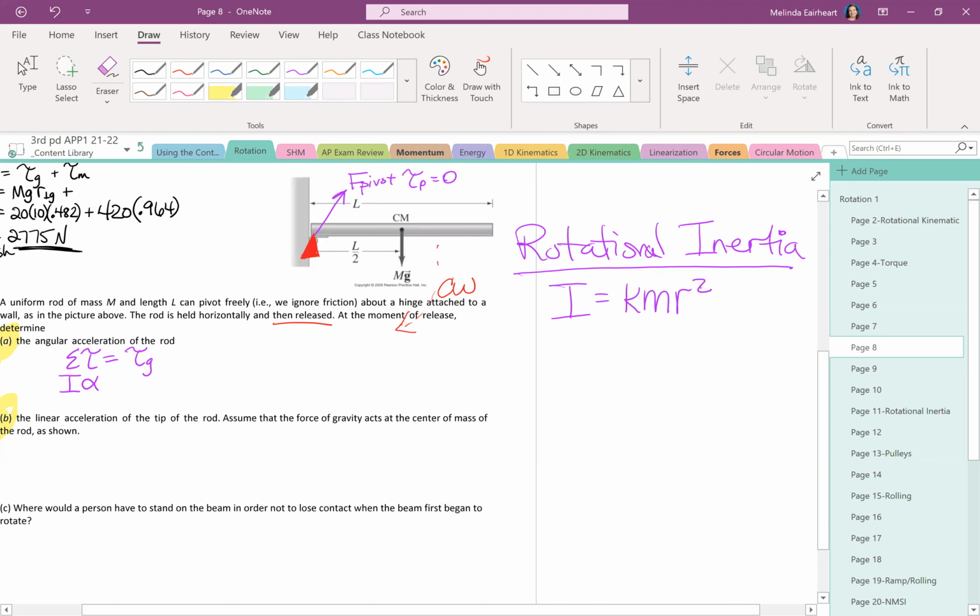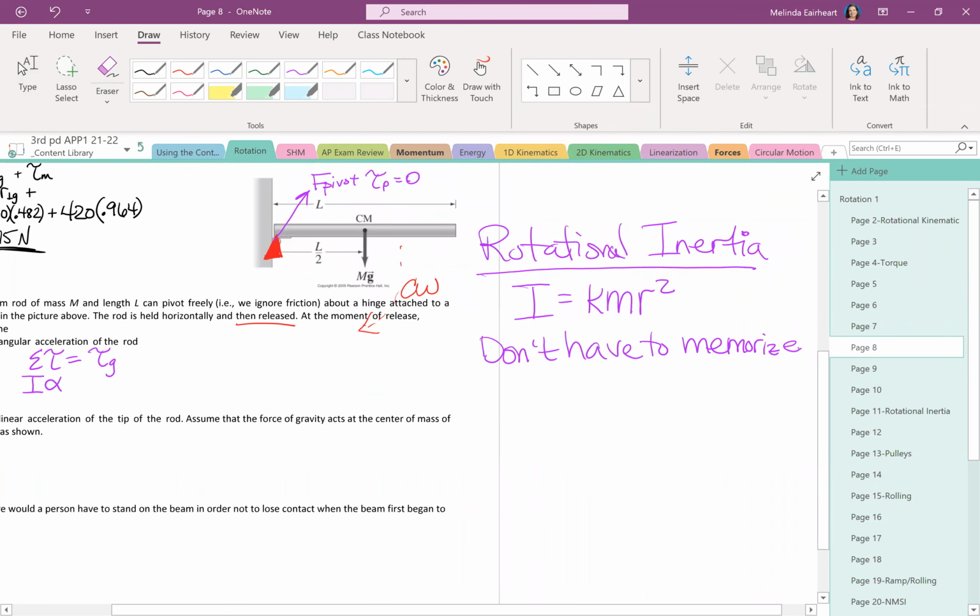Now, I'm not even going to send you to the formula chart. I'm going to tell you it's not on the formula chart. But please, you don't have to memorize it. And so even though it's not necessarily given in textbook problems, because they say you have a textbook, we gave you a chart, go look it up.